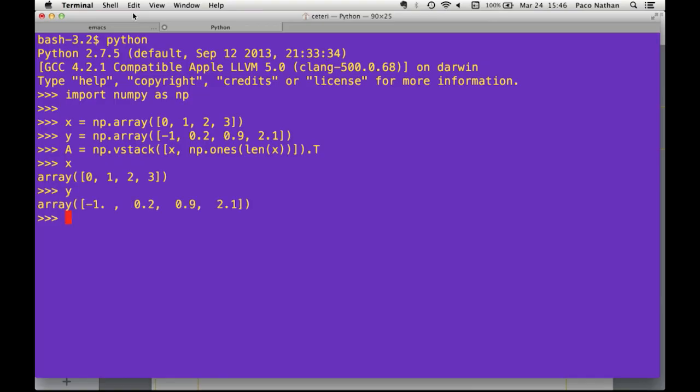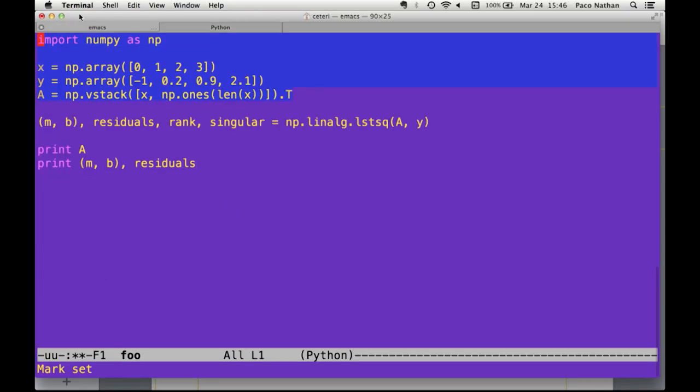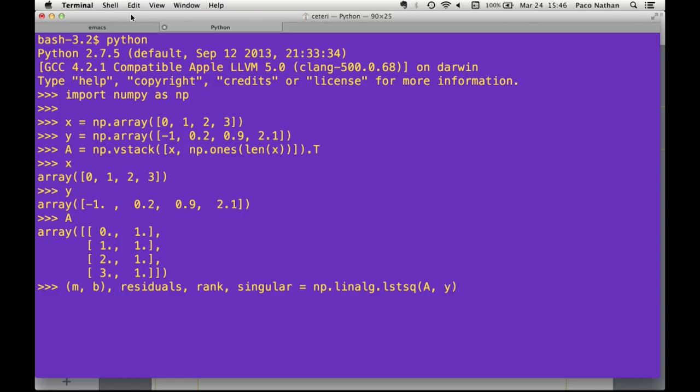If I look at y, I've got the y values. And then if I look at A that I've constructed, I've got the x values in one column and then 1s in the other column. All right. And now I'm just going to call least squares here under NumPy linear algebra. I'm going to call this function numpy.linalg.lstsq, the least squares function, and I'm going to give it A and y.